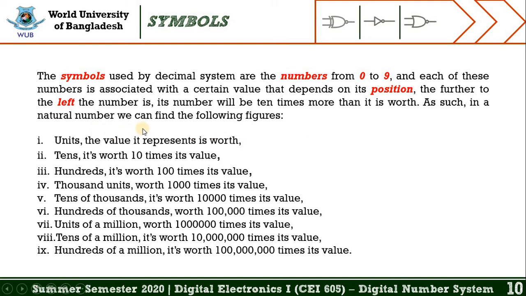In a natural number we can find the following figures: units, worth the value they represent; tens, worth 10 times the value; hundreds, worth 100 times the value; thousands, worth 1000 times the value; and so on. So let's move into the next slide.